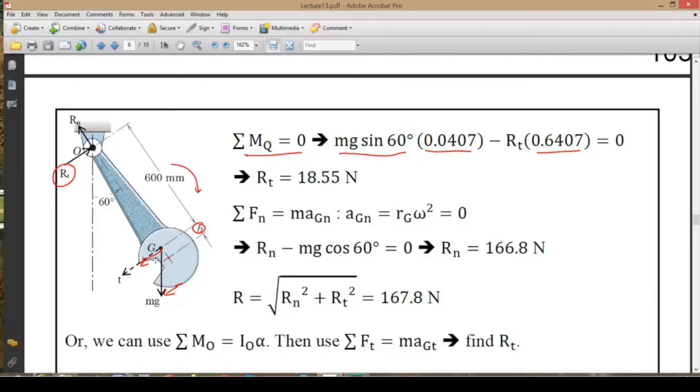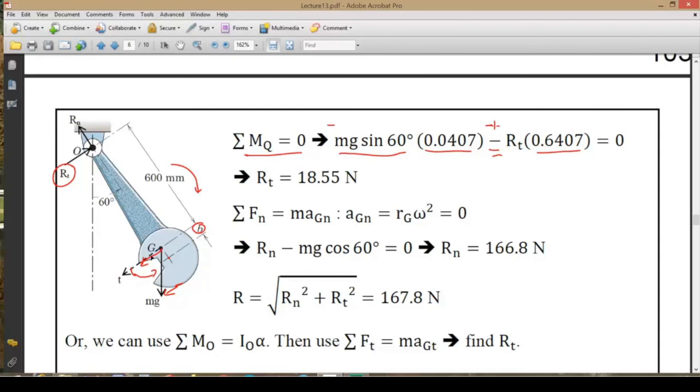The gravitational force, however, will generate a moment in the counterclockwise direction. So that's why there has to be a minus sign here. You either put the minus sign here, or you say plus here and then minus here, whichever way you like. Actually, it will be the same.